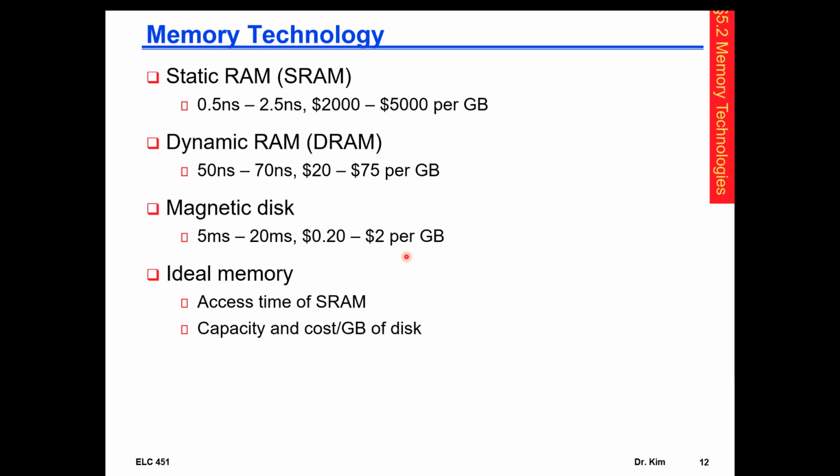So now you're looking at, again, another couple of magnitudes below on the cost, but about 3 to 4 orders of magnitude higher on the delays or the access time.